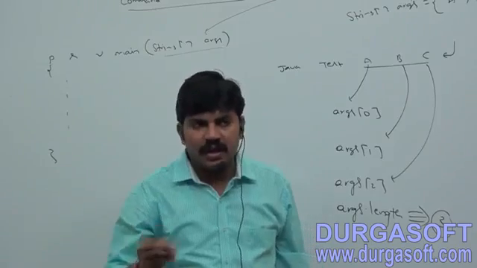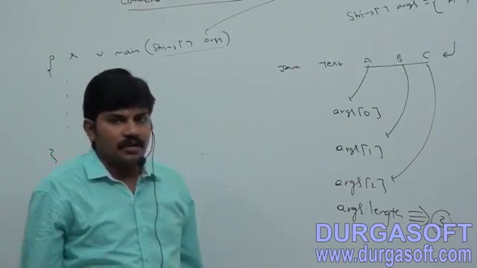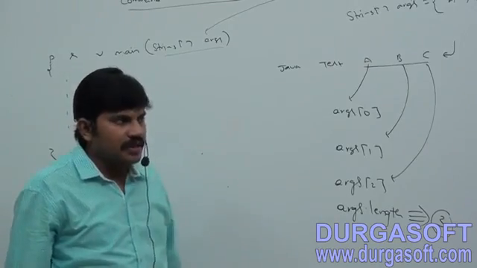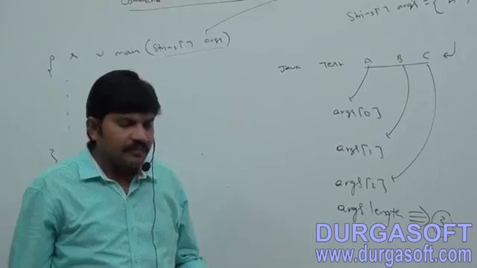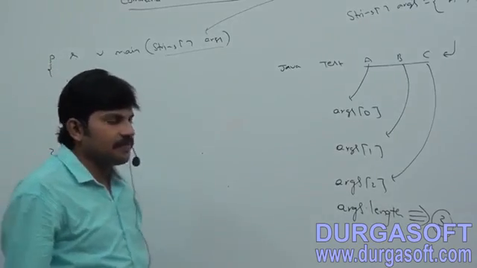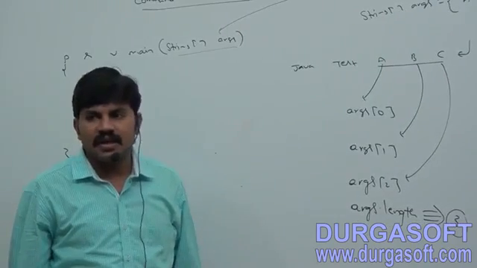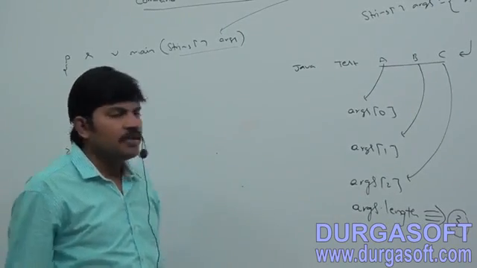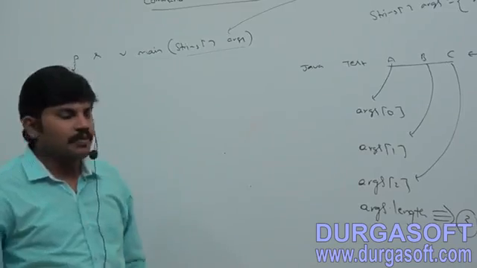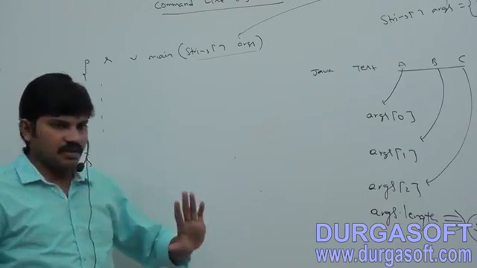Next, with these command line arguments, JVM will create an array, and by passing that array as an argument, JVM will call the main method. That's all. Are you getting it?